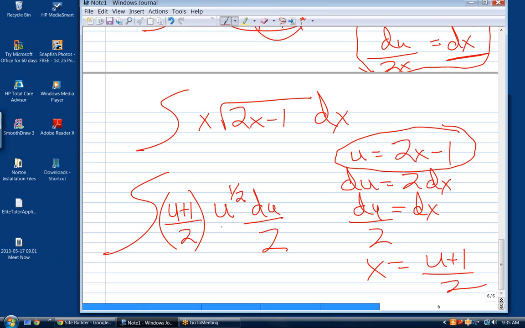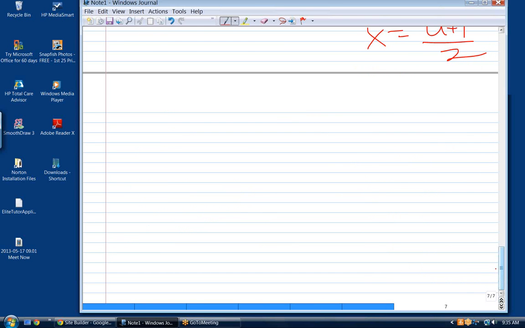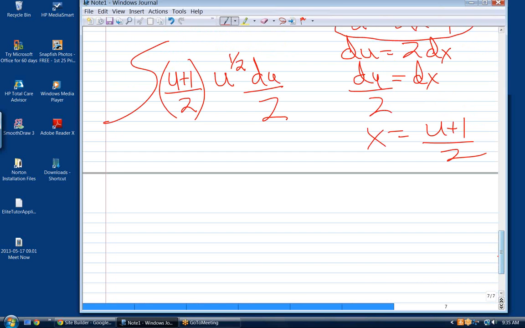Now I can distribute, I can multiply these two together and end up with an integral that I can handle. So this was not recognizing that composite function. This is now going to be, let's see, what do we have?